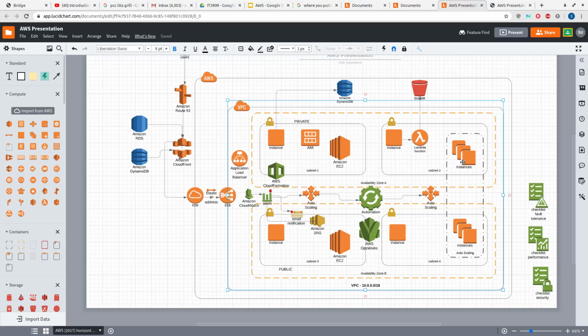In these availability zones, we have a private network and a public network, which is available to the public or for the company needs.